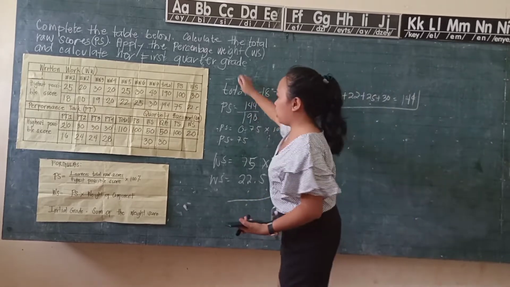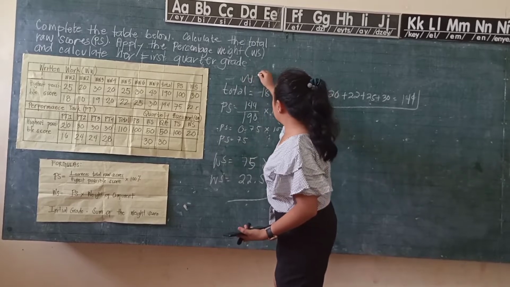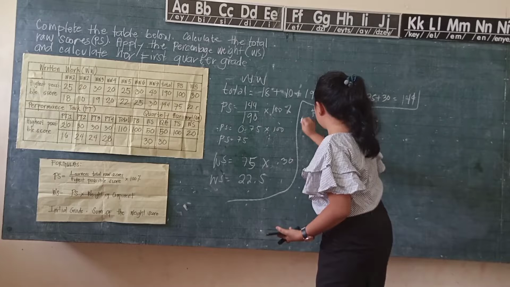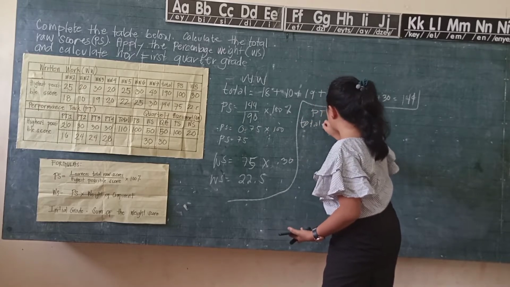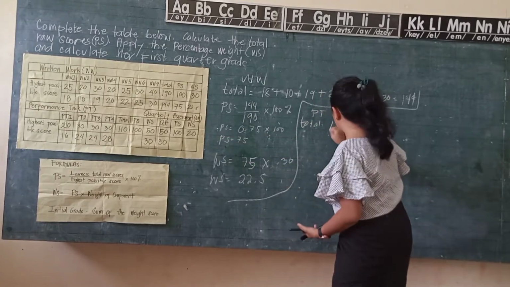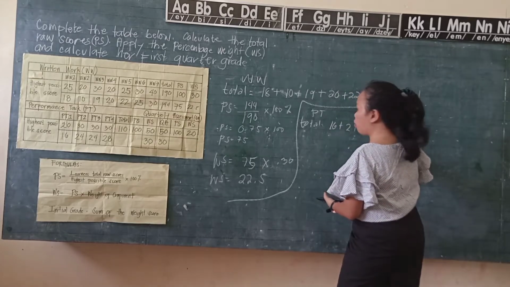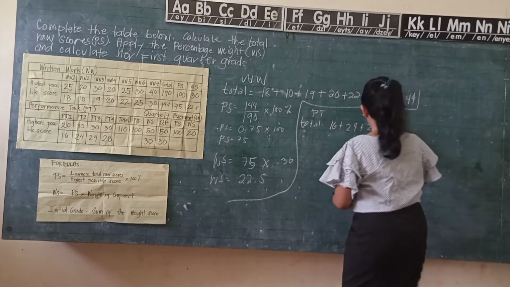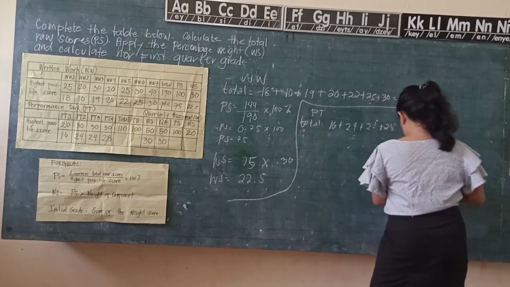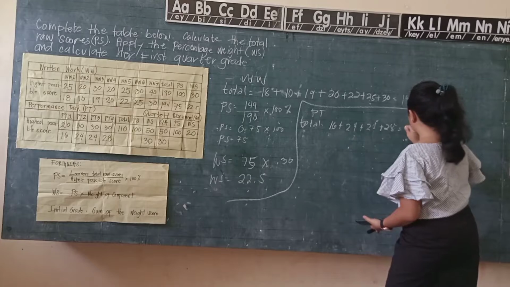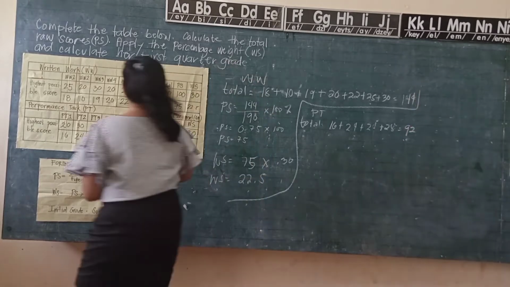So total equals 16 plus 24 plus 24 plus 28. So that will be equal to 92. So the total is 92.